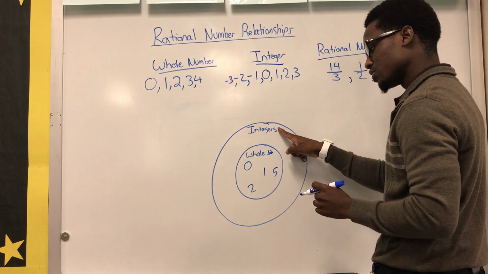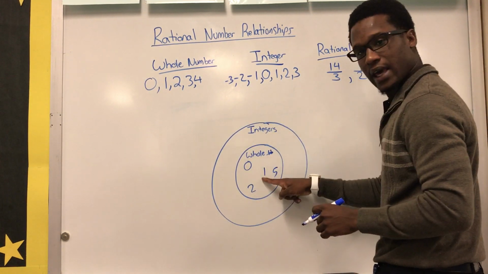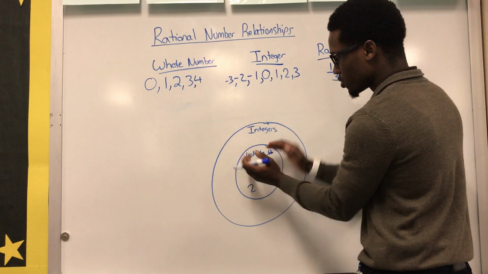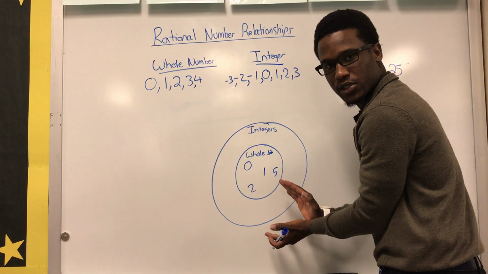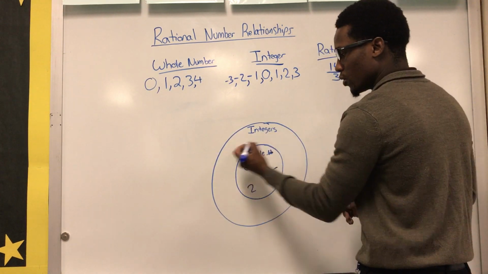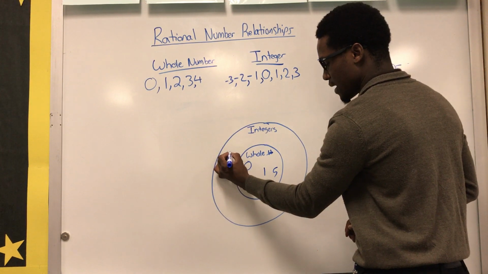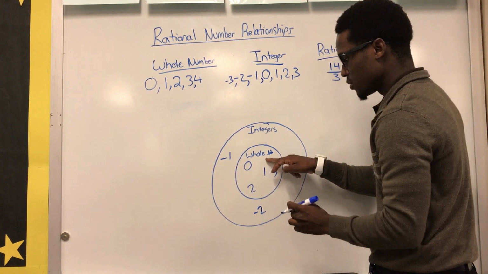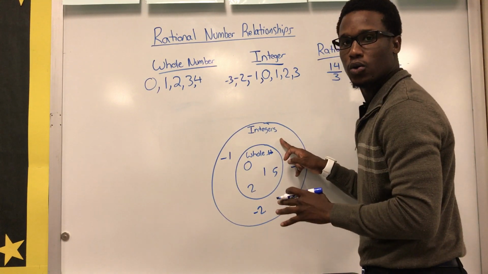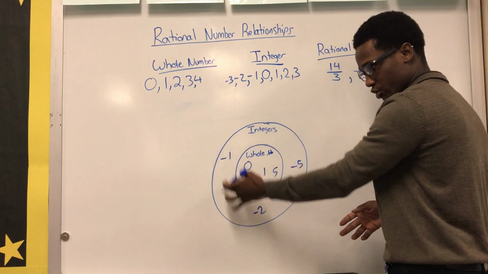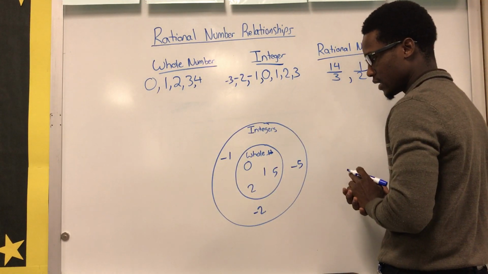As you can see, integers can be 0, they can be 1, and they can be 5. So whole numbers are actually inside of integers. They're in that set. The only difference here is that if I want to add a -1, a -5, or a -2, they must go outside of the whole number circle because they are not whole numbers. But they are integers, so they could definitely go outside here.